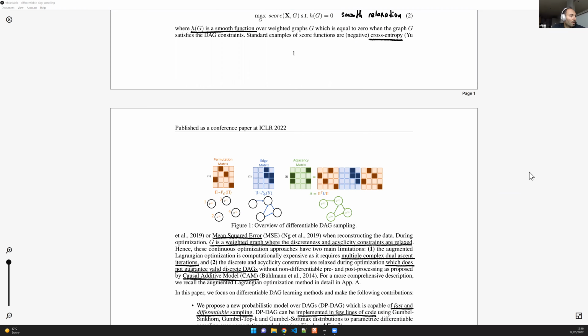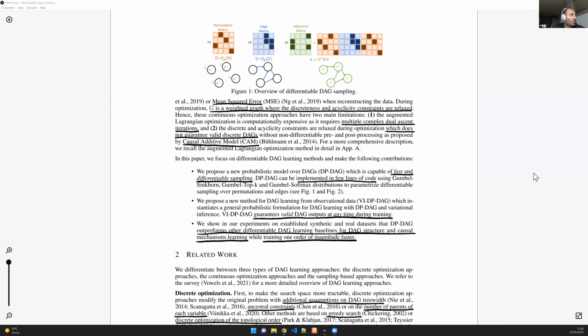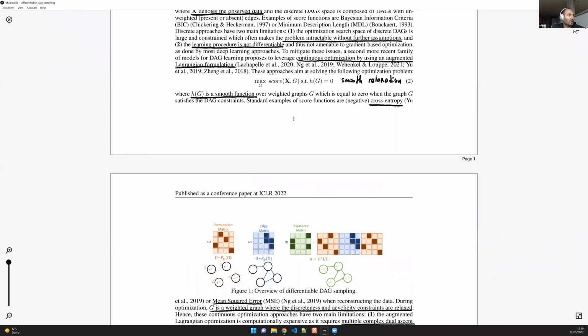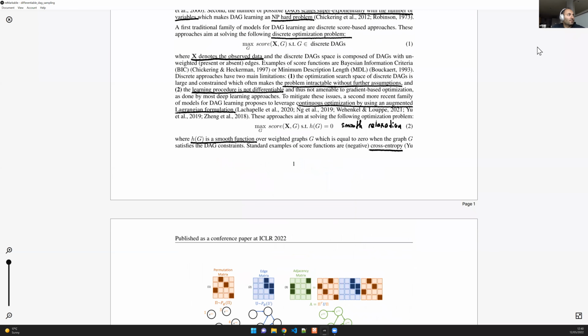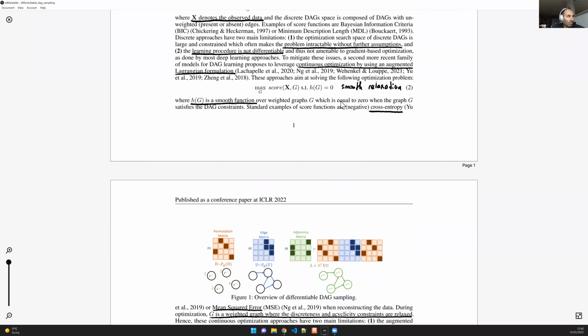Okay. Then what else can we say about the problem setting? Right. So one common way to solve this constrained problem is by doing Lagrange relaxations, which basically means, to enforce this constraint, you do sequential projections, and each projection is an optimization problem, which makes the problem computationally expensive.